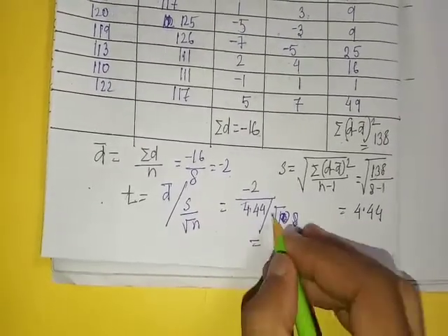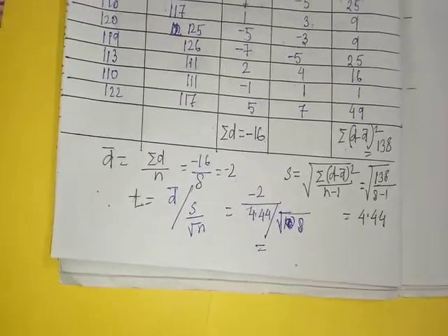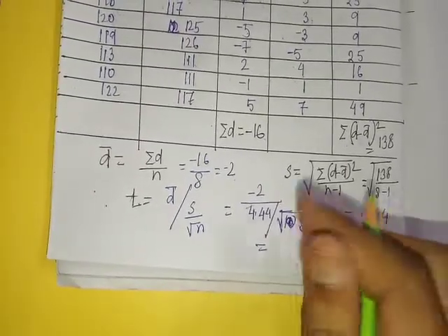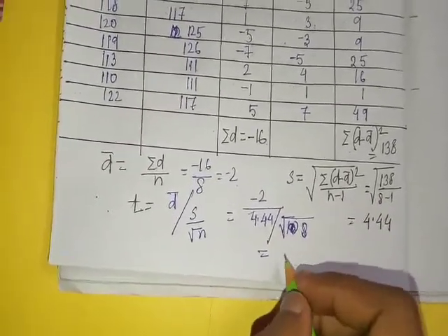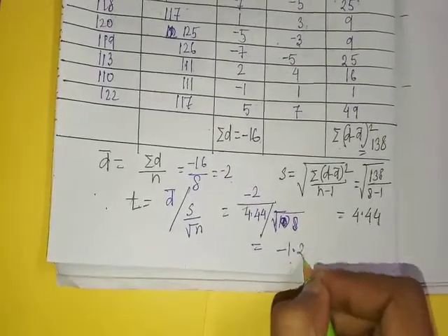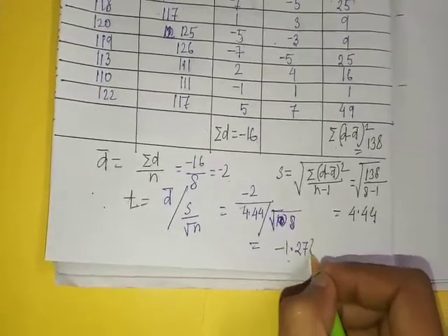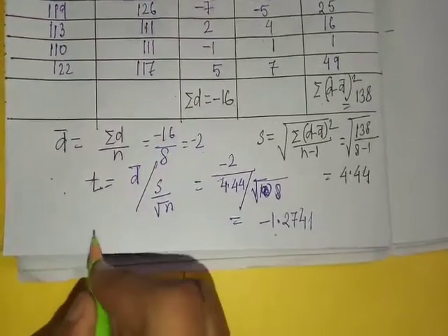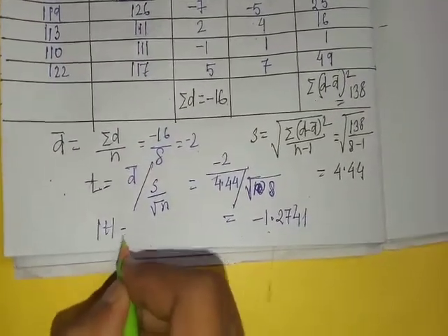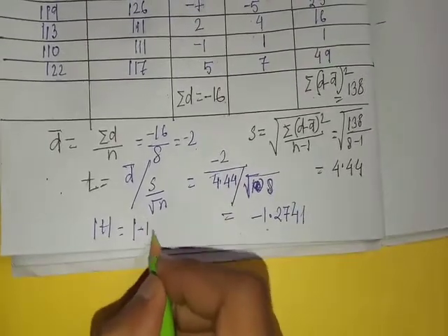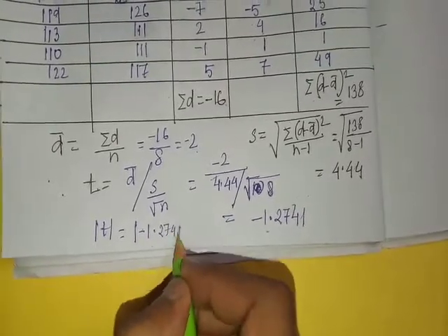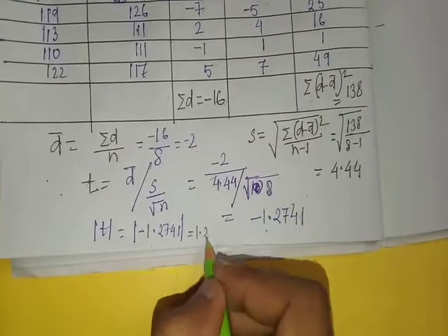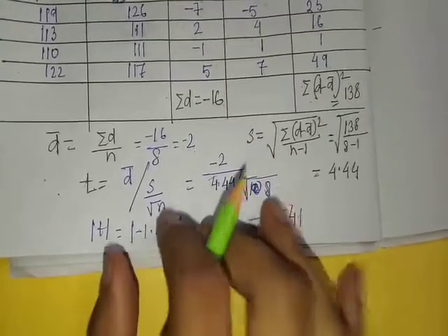So after calculation, root over 8, we get the value of t is minus 1.2741. Since this is a two-tail test, the value of mod t is modulus of minus 1.2741, that is 1.2741. This is the calculated value of t.